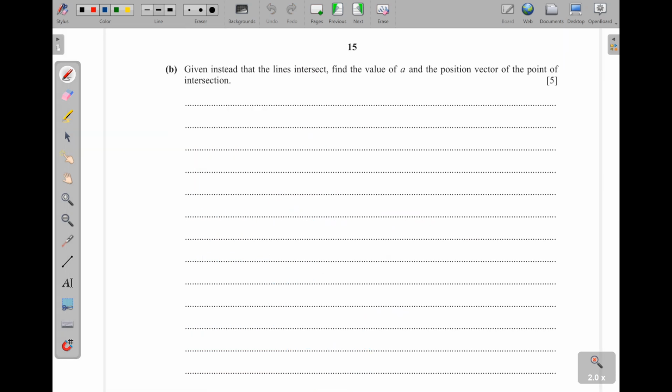When I come back, I'm going to write 1 plus 3 lambda, and then 1 plus 4 lambda, and then 2a plus a lambda. This one here is going to be equal to, at the point of intersection, negative 3 minus mu, and then negative 1 plus 2 mu, then 4 plus 2 mu, okay?